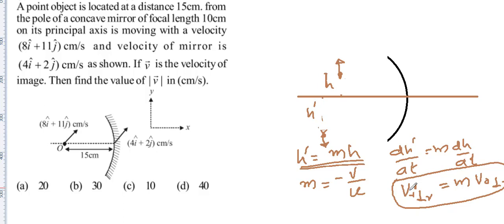The velocity of the image perpendicular to the principal axis is equal to m into the velocity of the object perpendicular to the principal axis. And depending on the position of the object, m can become positive or negative, and the direction also will change. So the direction can be either the same or opposite depending on the value of m. That's the first point. There is one more point.